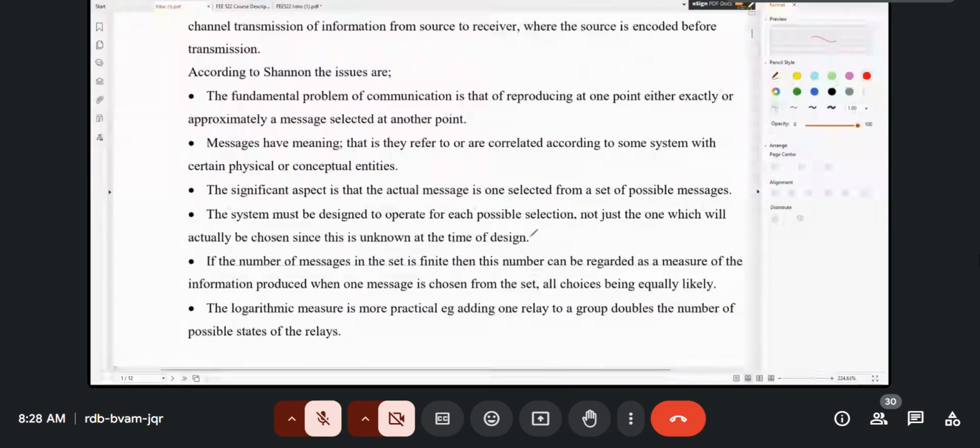And we see that if you want to carry 2 bits at a particular time with a signal, with a symbol, then you need 4 symbols because there are 4 different states.